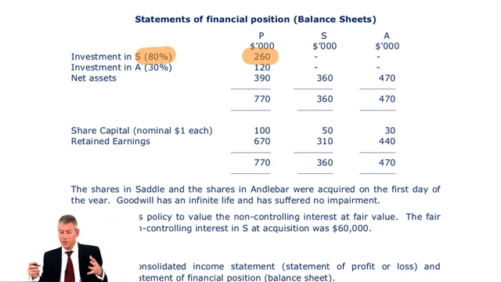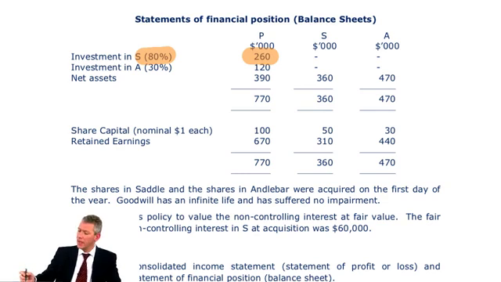So what is the investment worth now? I don't know. But what we do know is that the investment of 80% was worth 260 12 months ago when we bought it. What the sub is worth now is harder to say. But what the 80% was worth at acquisition was 260.